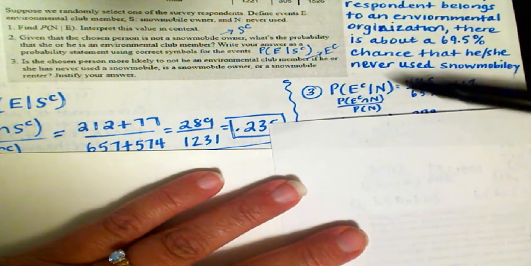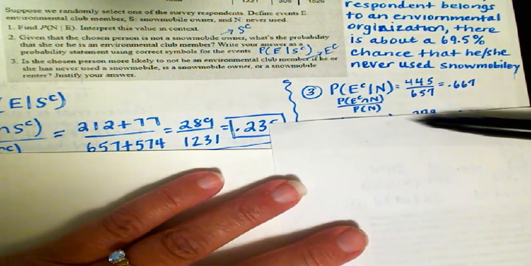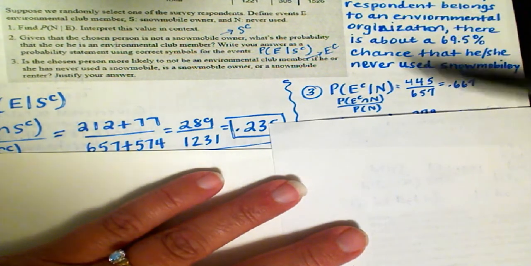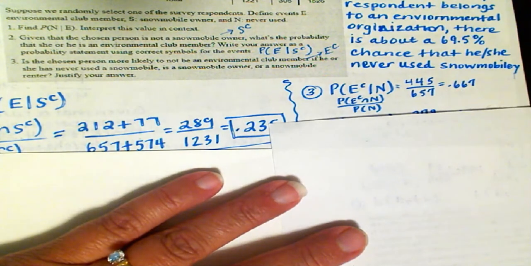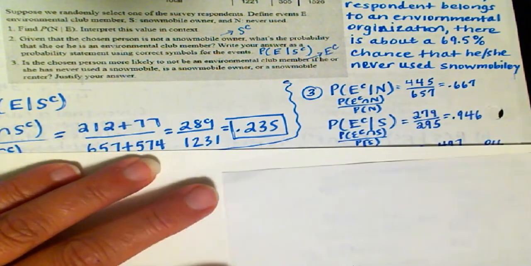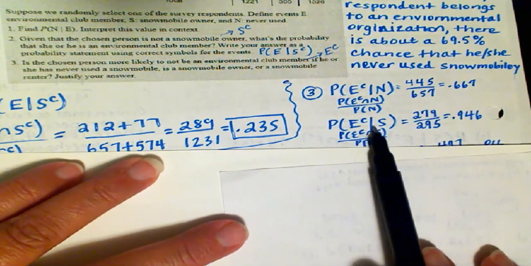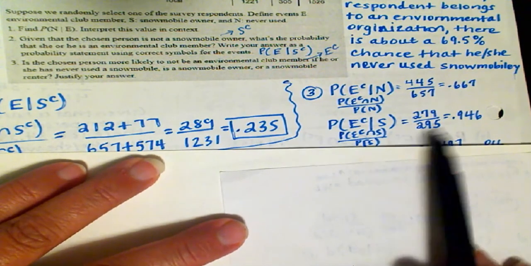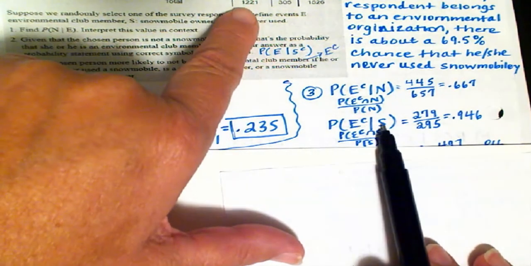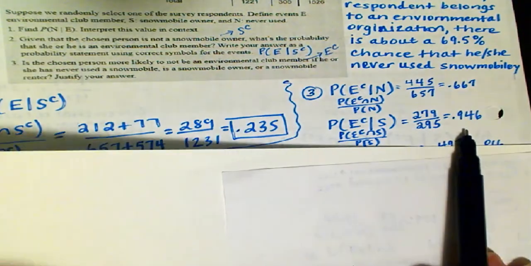That's your 445, and then the denominator is never used a snowmobile, which is 657. So that's that answer. The next one is given they are a snowmobile owner, so same thing. So if you look in here, this is your no and a snowmobile owner, which is 279 over the snowmobile owner total, 295. Okay, 0.946.